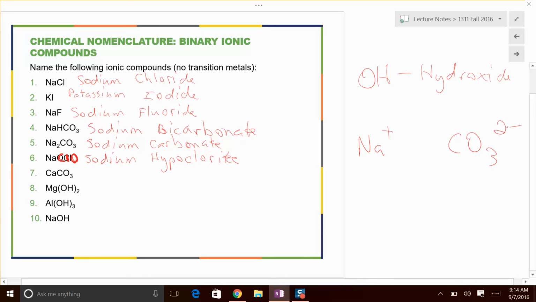I know the charges. If I'm given just the name sodium carbonate, I know sodium has a +1 charge. I know carbonate has a 2- charge. So the formula is Na2CO3. Did you have to tell me there were 2 sodiums for me to come up with that? No. That's why you never tell me how many you have.